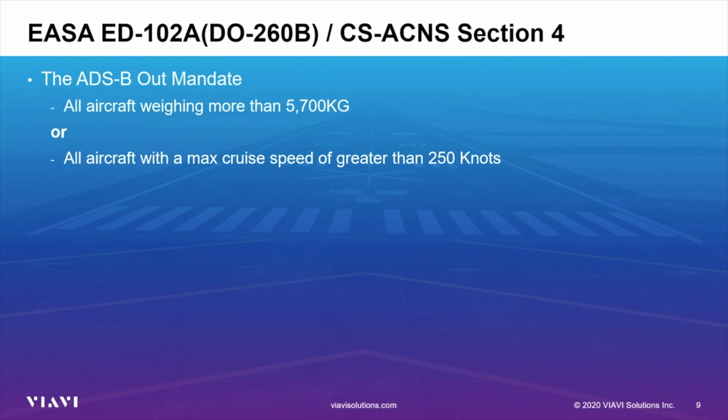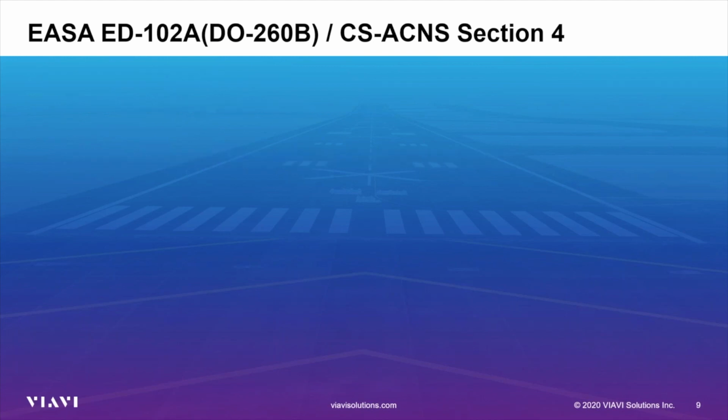In terms of which aircraft these regulations apply to, all aircraft weighing more than 5,700 kilograms, or all aircraft that have a maximum cruise speed of greater than 250 knots have to be equipped with ADS-B Out equipment. The original date for aircraft to have this was 7th of June 2020, but this has recently changed to be 7th of December 2020.